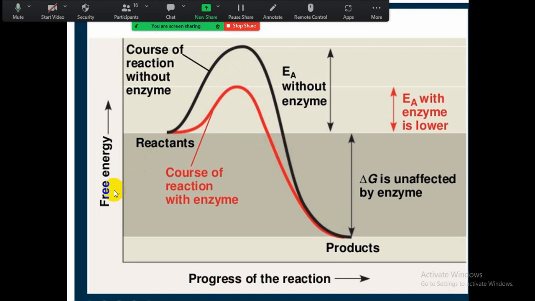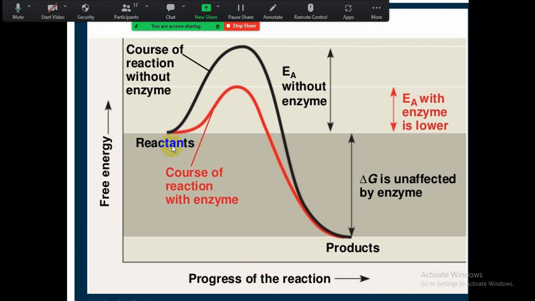You can see that the vertical axis has free energy. The horizontal axis is the progression of the reaction, or the time it takes for the reaction to proceed, or the rate. Okay, so these are the reactants.